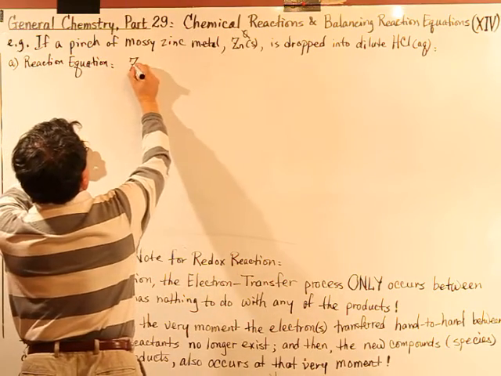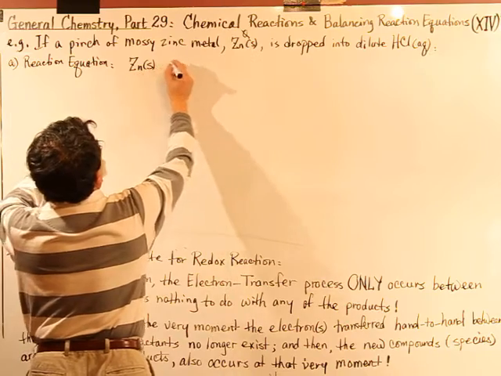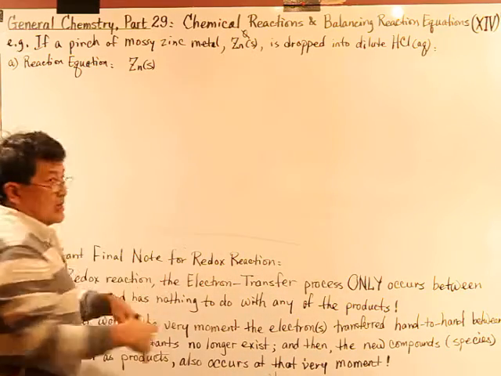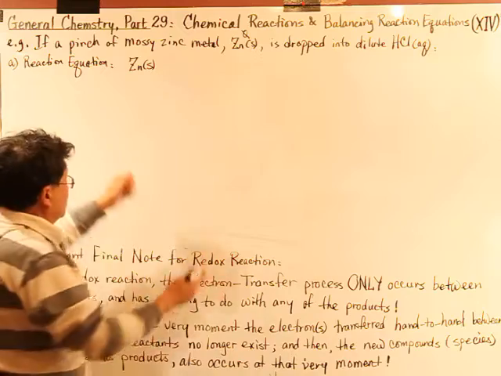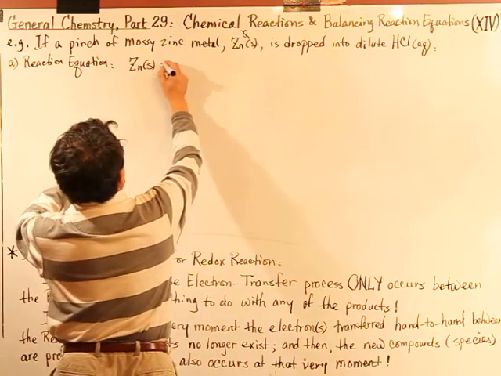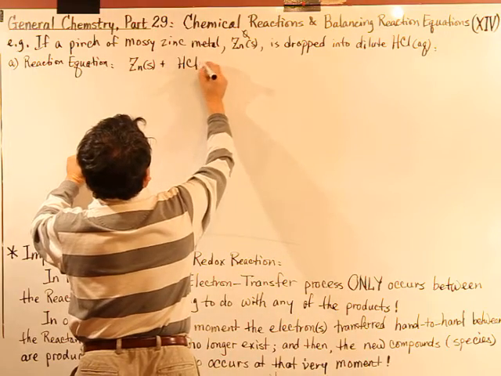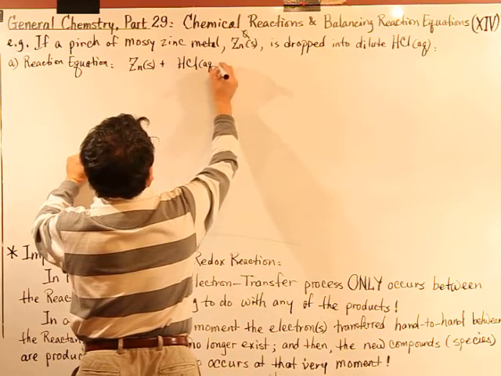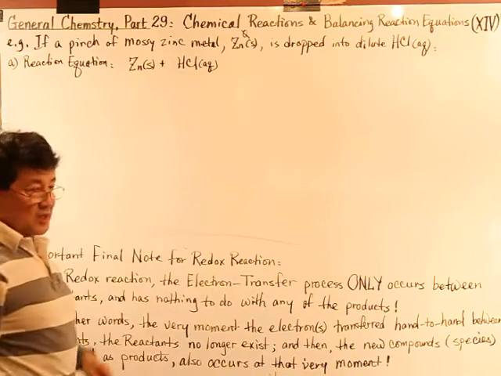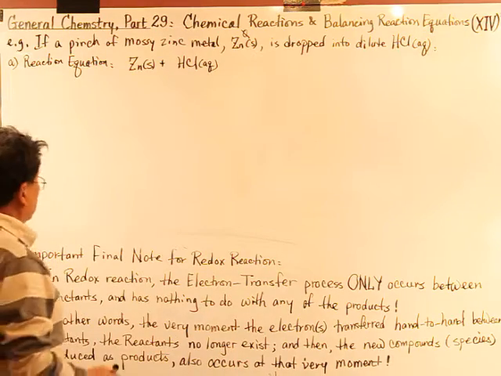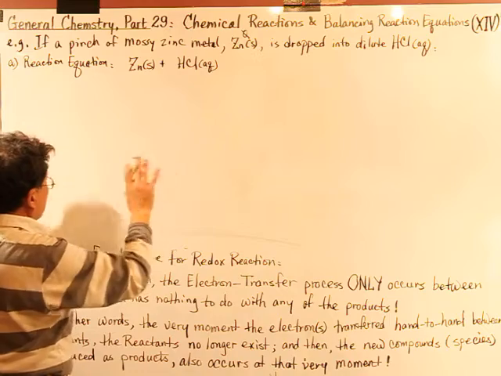The zinc started, all right? We don't put an arrow before it because it was the starting material. It's not produced as a product. So we react it with hydrochloric acid, aqueous. It's not smoking hydrochloric acid, which is concentrated, 12 moles. It's diluted with water.